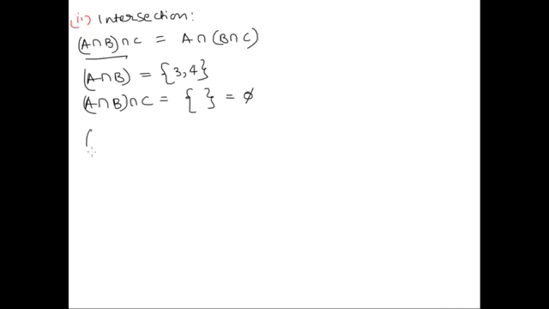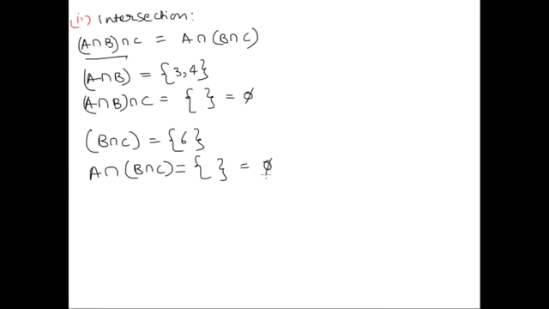Next we do B intersection C. Only common element is 6. And now A intersection (B intersection C) is, what is it? There is no common element again.